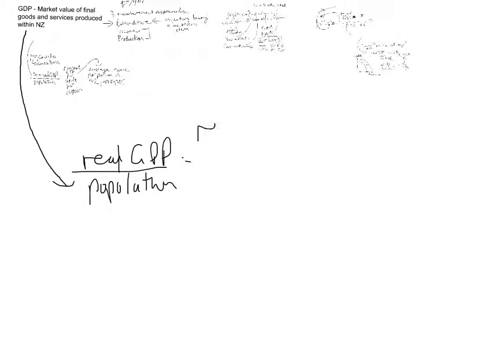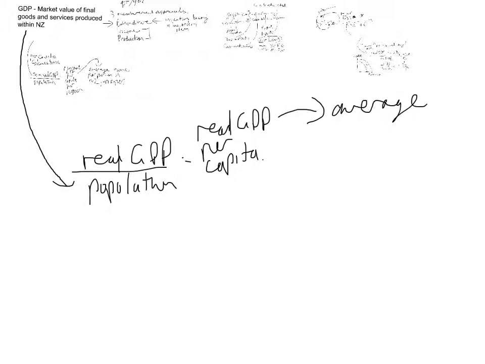That's going to give me real GDP per capita. And how can you think of this? You can think of this as being the average purchasing power per person.